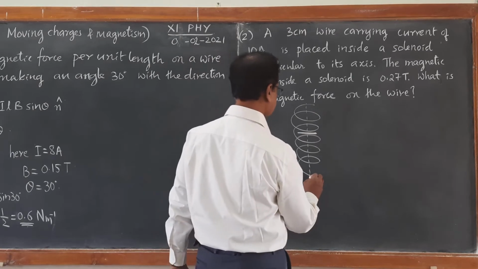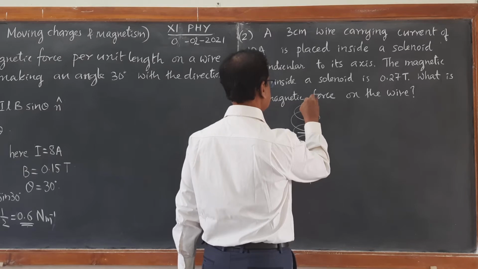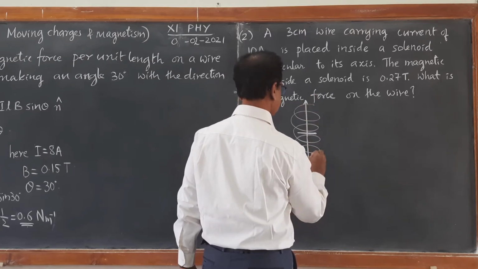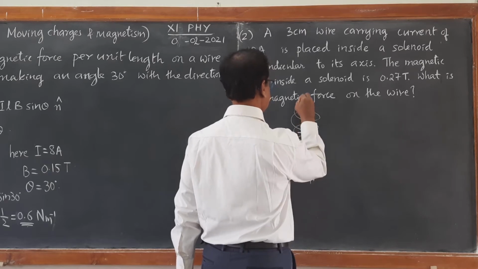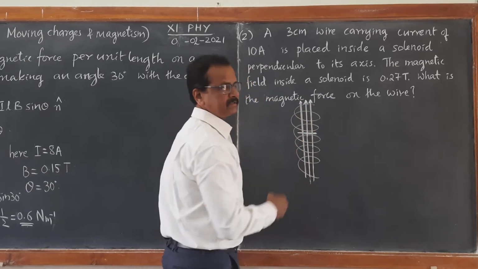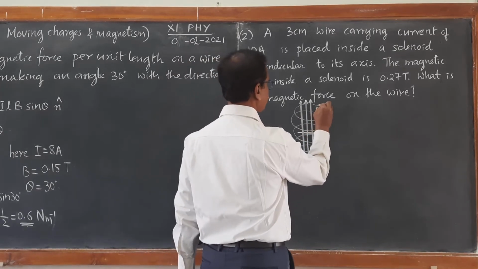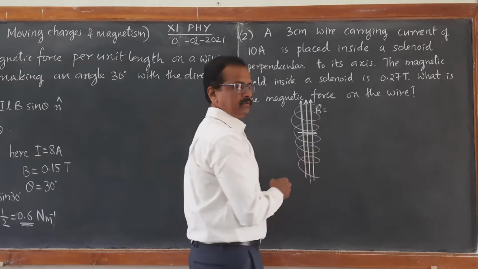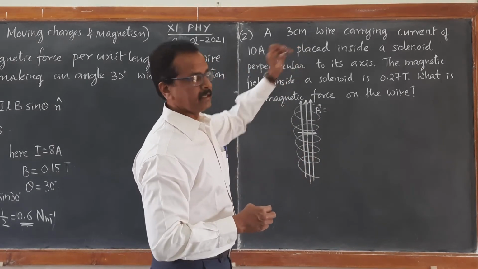So the magnetic field is acting along the axis. It is a uniform magnetic field inside the solenoid which acts along the axis when current is passing through the turns of the solenoid. So this is the direction of the magnetic field, perpendicular to the current carrying wire of 3 centimeter length.